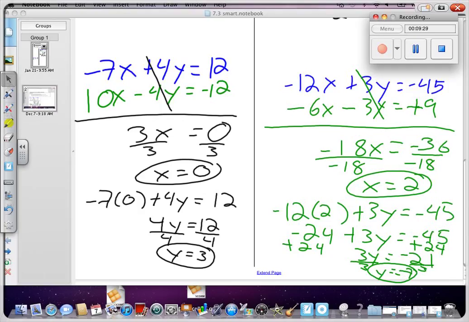Number 4, which letters are going to go away? X. Yep. Number 5, what would you have to do, and then which ones would go away? Why would you have to change it? Because 4 plus 4 gives you 8, and you want it to give you 0, right? Number 6, what would you have to do? Change the signs, and then which ones would go away?